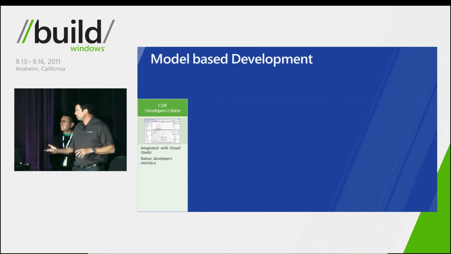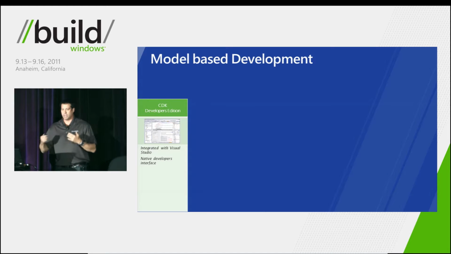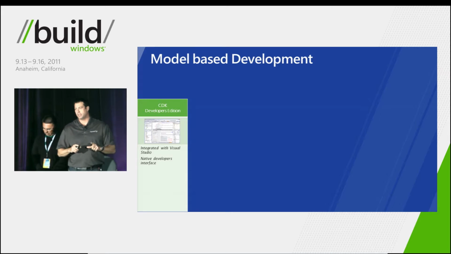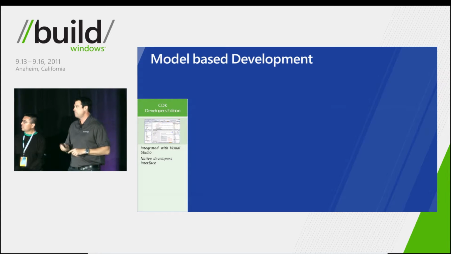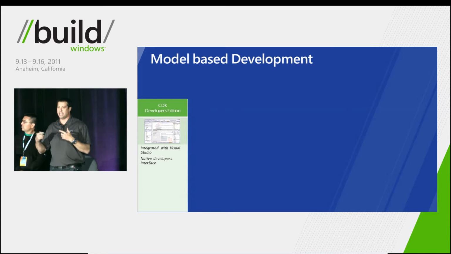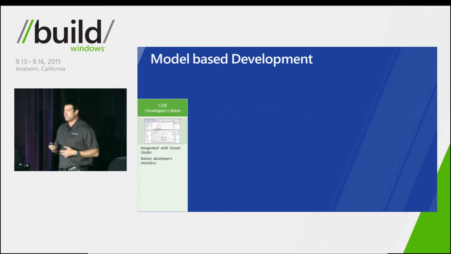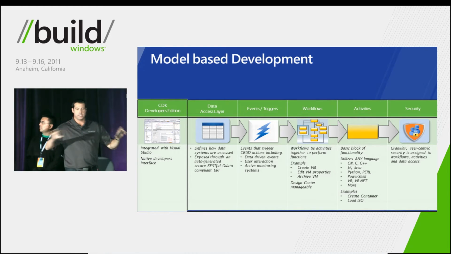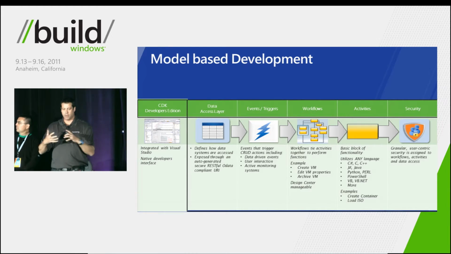So what we've been able to do in the platform is not only provide that reclamation capability, but provide an extensibility layer based on models that can tie in to any type of logic you'd like. Through our cloud development kit, we're able to build a model where we connect to data and make that into a virtual table.